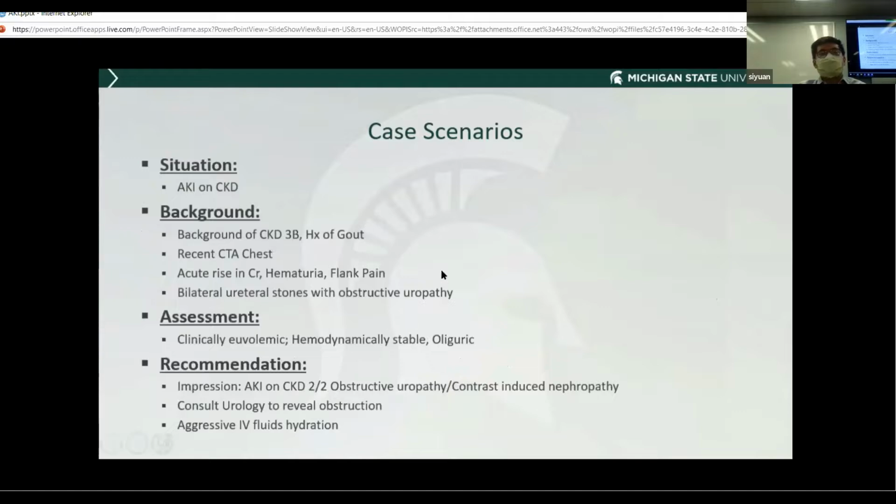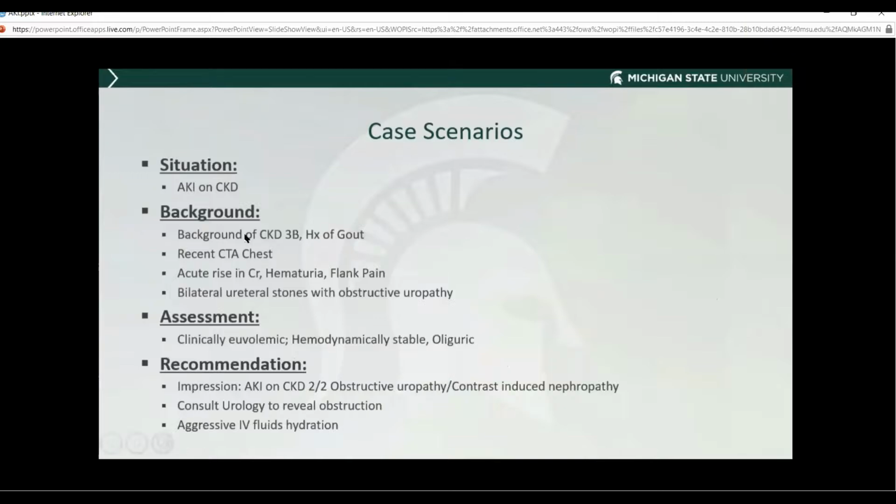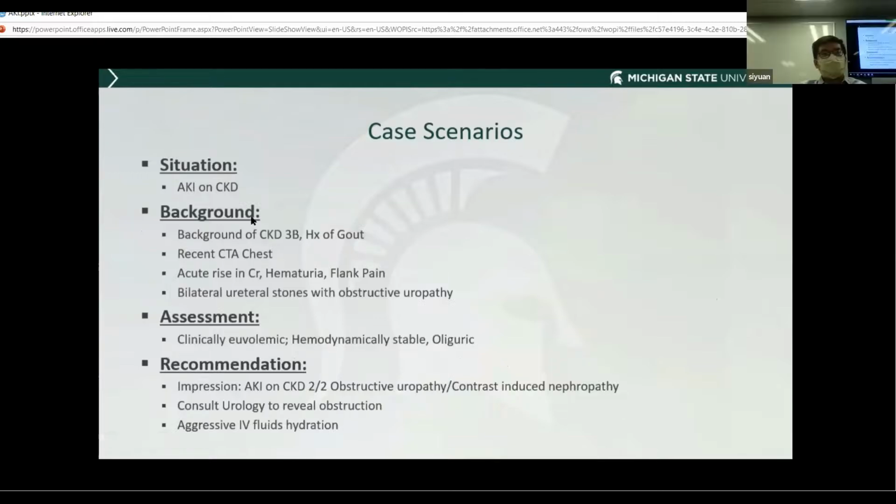He has CKD background, so he has oliguric AKI on CKD, and then he recently got contrast too. Remember when he got it on the first day of the PE diagnosis? It's something you have to bear in mind. Contrast, with that acute rise in creatinine, hematuria, and flank pain because of the stones, and then you found there's obstruction. So clinically, he's pretty stable.